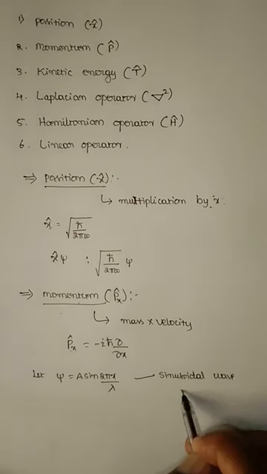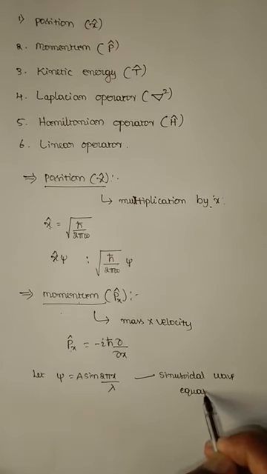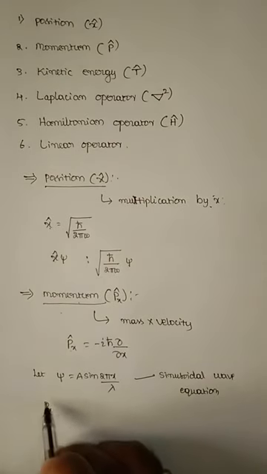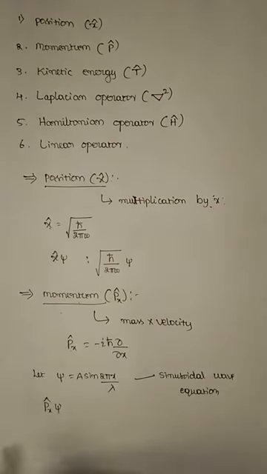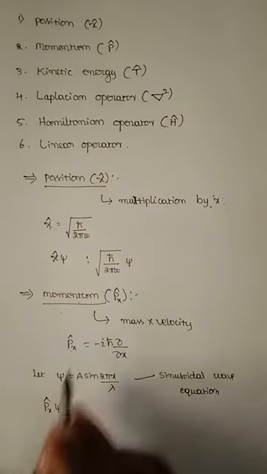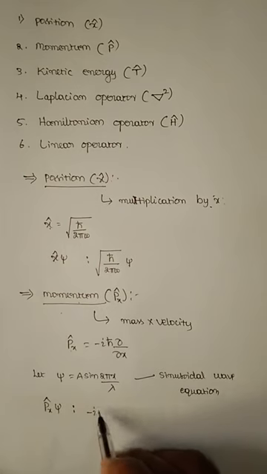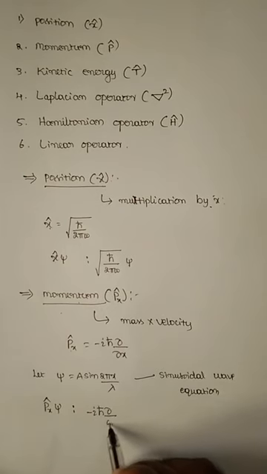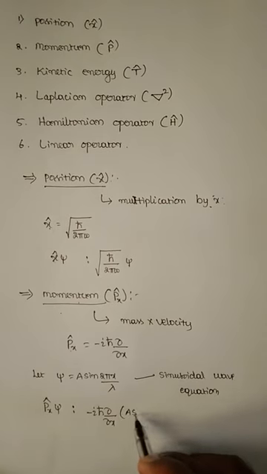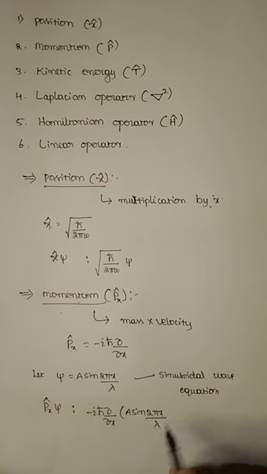If you go with an operator such as px cap into psi, this is the operation we are supposed to perform. We have the value of px cap, that is minus i h cross into dou by dou x, and we have the value of psi, that is a sine 2 pi x by lambda.